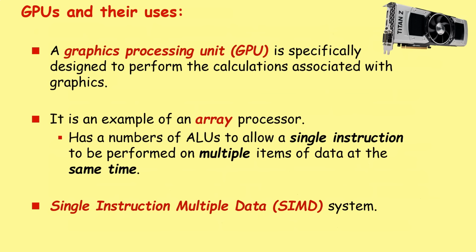GPUs and their usage. GPU stands for Graphical Processing Unit, and this is something that is specifically designed to perform the calculations associated with graphics. It is an example of an array processor, which means it has a number of ALUs to allow a single instruction to be performed on multiple items of data at the same time. Sometimes this would be called a SIMD, or Single Instruction Multiple Data system.